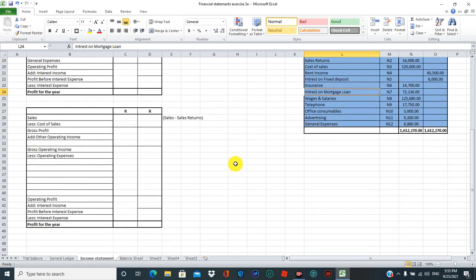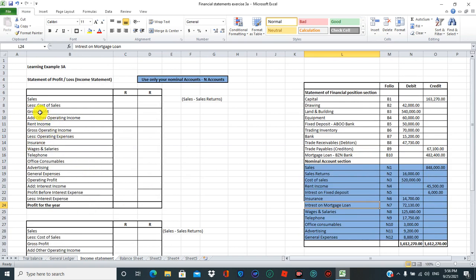Another thing you need to know by heart, because they don't give it to you, is the format. It's sales, less cost of sales, which gives you your gross profit. Then you add your operating income, which gives your gross operating income. Then you less your operating expenses, which gives you your operating profit. Then you add your interest income, which gives you profit before interest expense, and less your interest expense gives you your profit for the year.